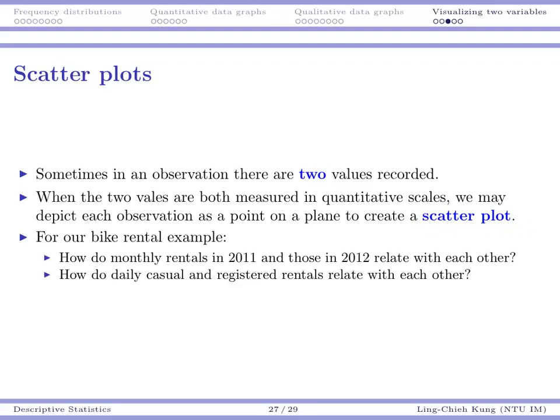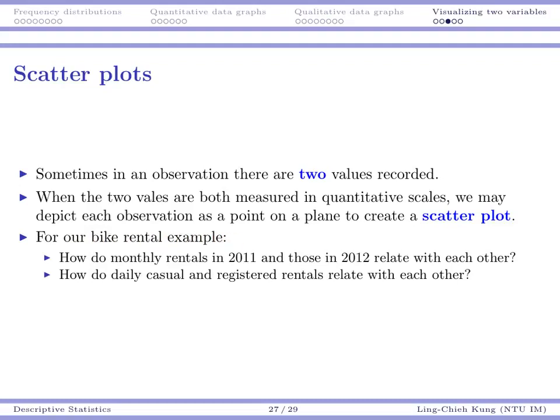All you need to do is to provide a two-dimensional region, and then for the two values, use one of them as the x coordinate and the other as the y coordinate. Once you plot all the data points onto your scatter plot, you will be able to get a feeling about how these two data sets are related.